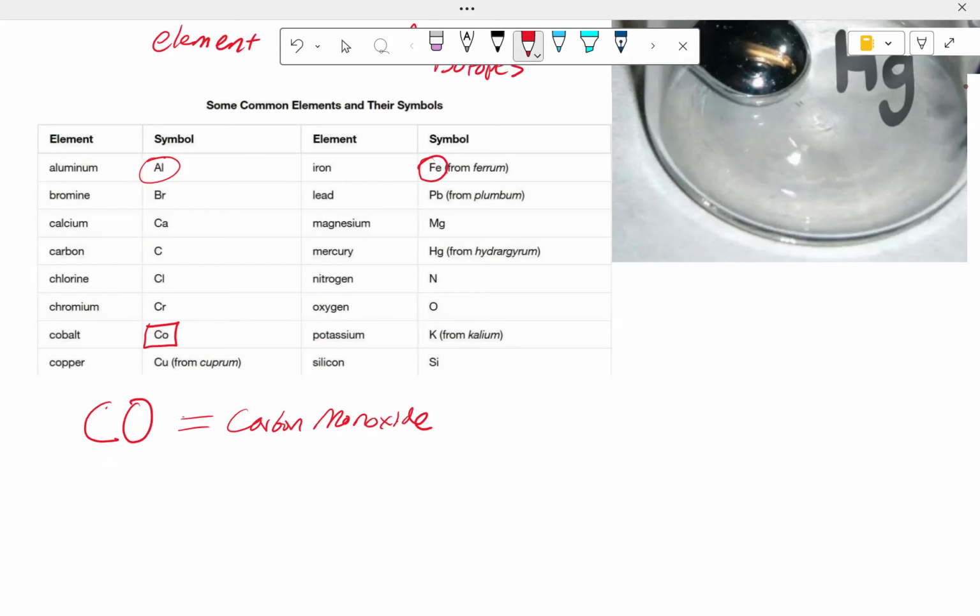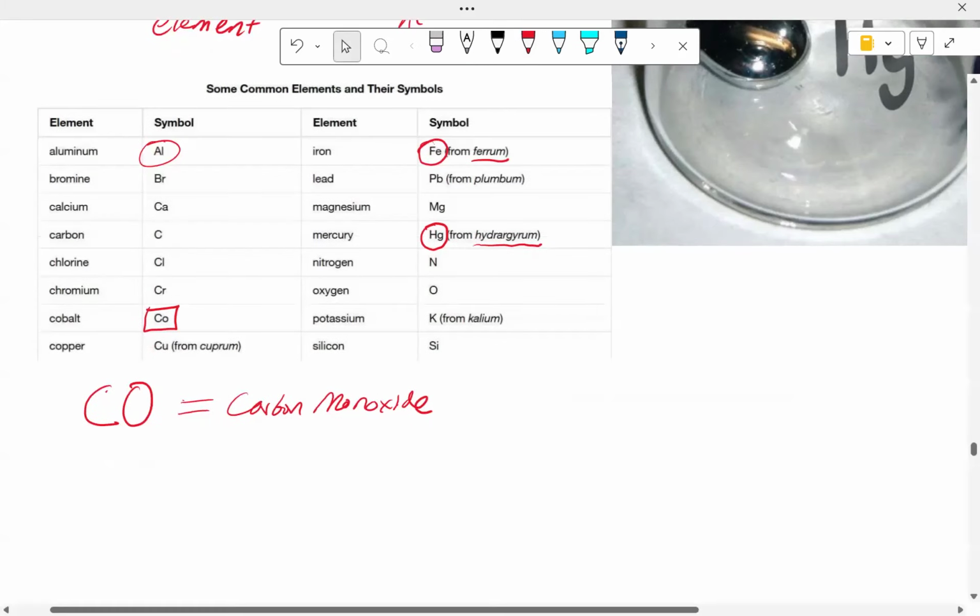The reason for that is it comes from the Latin ferrum. So it still takes it from the name, just not from the English way that it's spelled. Same thing with mercury. Why is the symbol for mercury Hg and not start with an M? Because it comes from a Latin word. You don't have to know those specifically, but if you're wondering how these elements are named, if you discover an element, you get to name it.